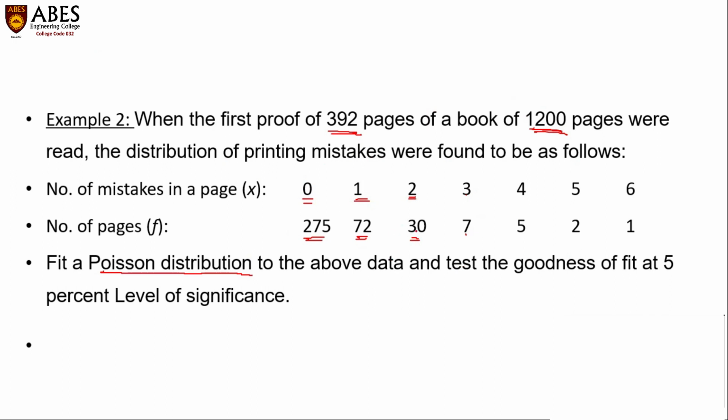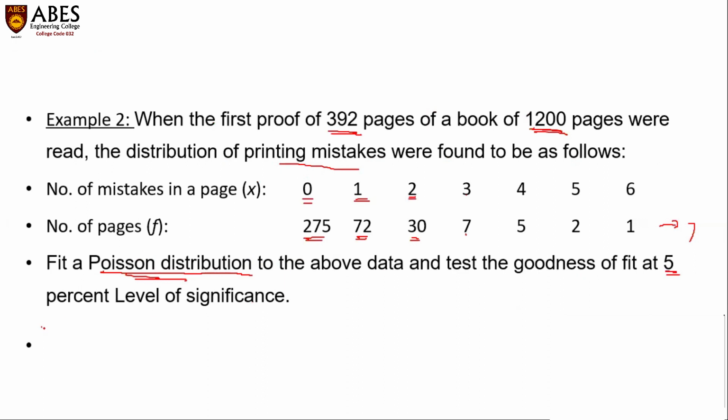In total, how many categories are there? 3, 4, 5, 6, 7. So 7 categories are there. We have to find whether this data distribution of printing mistakes is supported by Poisson distribution or not, when the level of significance has to be taken as 5%, right?